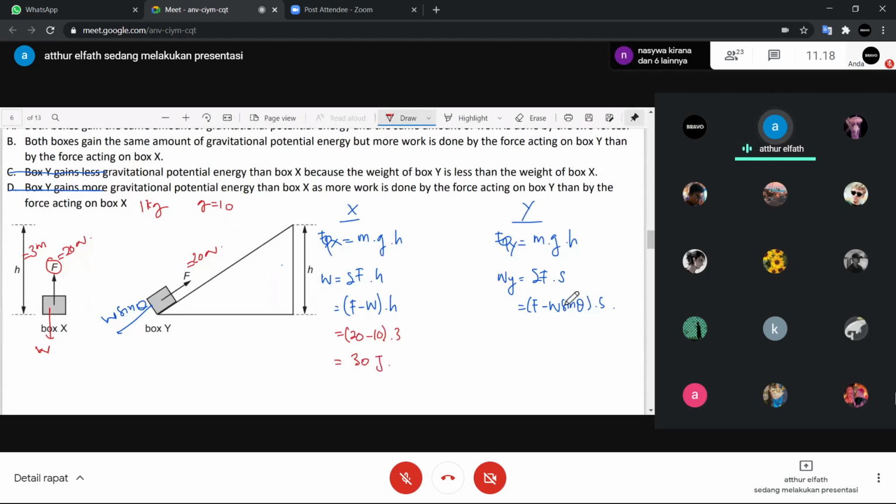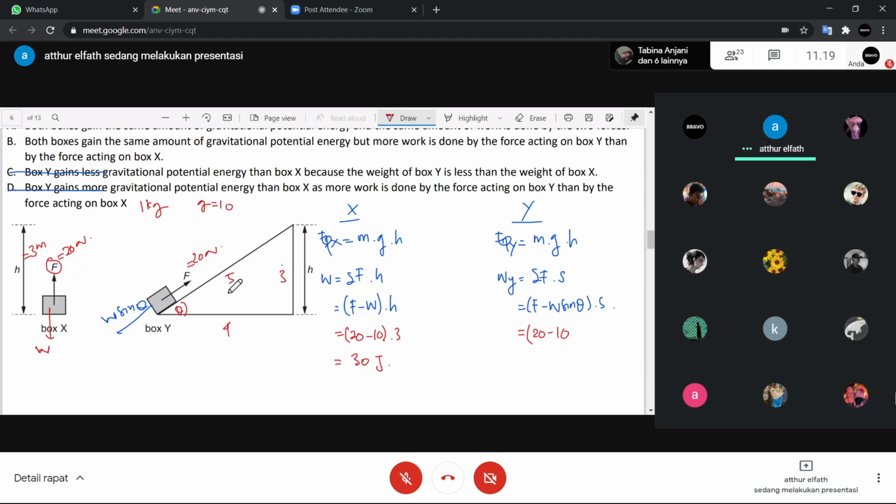Okay, how about this? Let's say this is 4 and 3, and this means the distance from bottom to the top is 5. F equals 20 minus 10 sin theta.